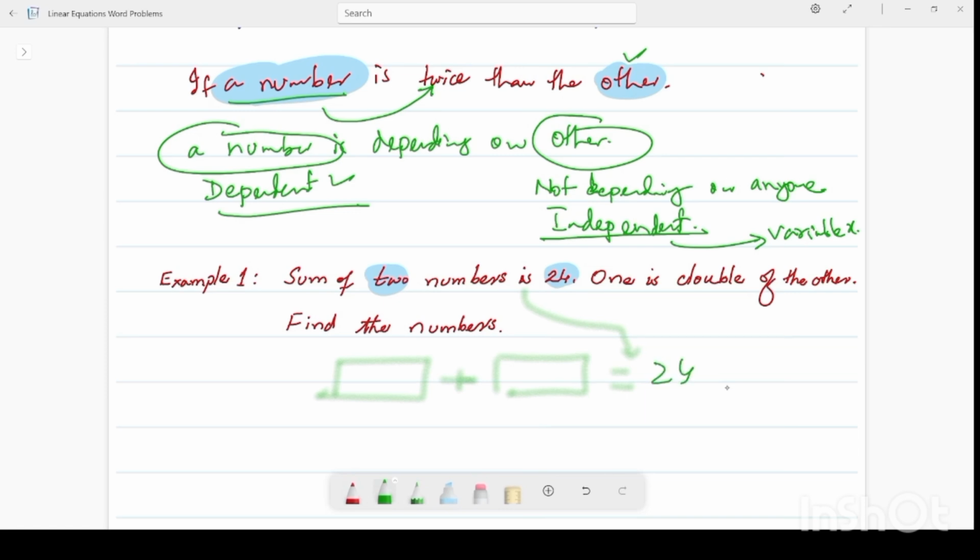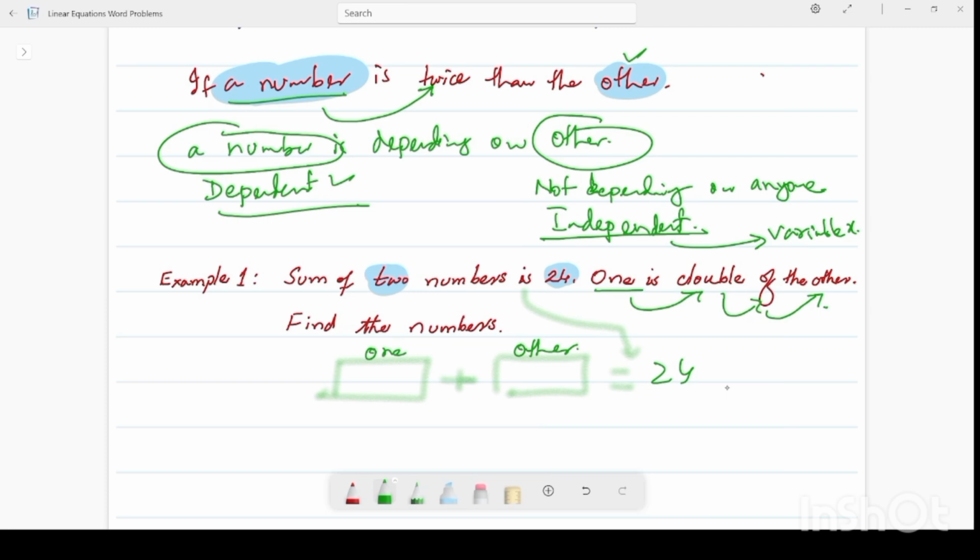Now what is defining it further? It says that one is double of the other. So if this is one and this is the other, we see that one is double. Double of what? Double of the other. So it means one is depending on the other.